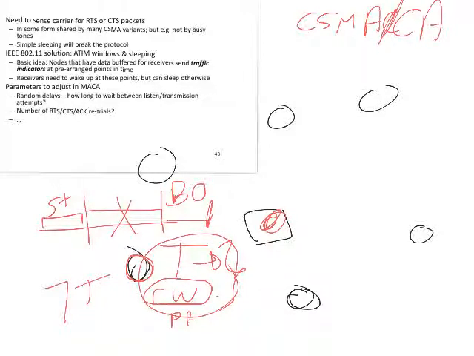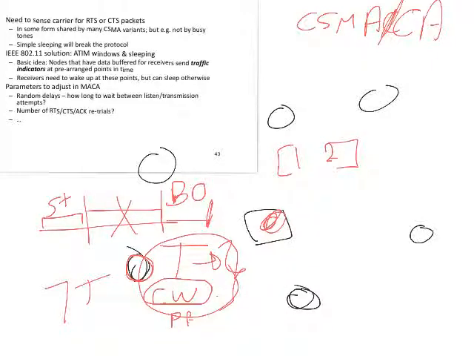The other parameter is the contention window. The contention window is designed based on exponential backoff, which means that during the first trial of accessing the channel, each node will create a contention window of 1 or 2.